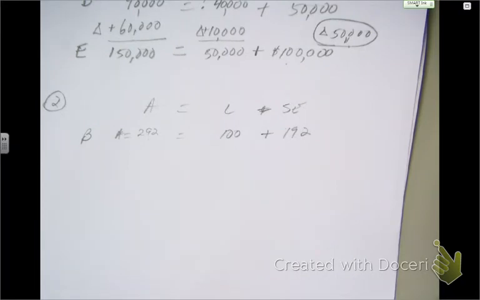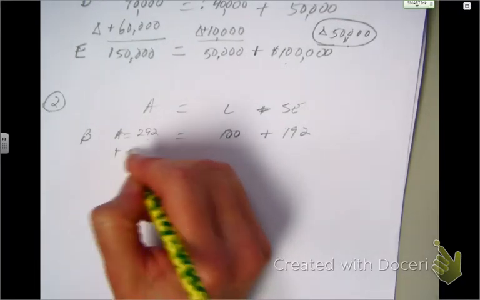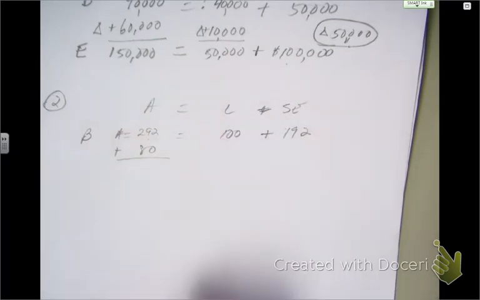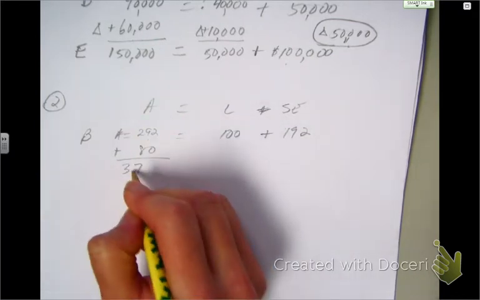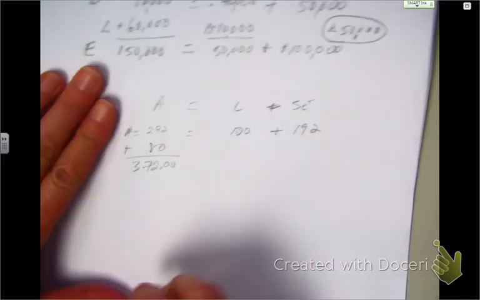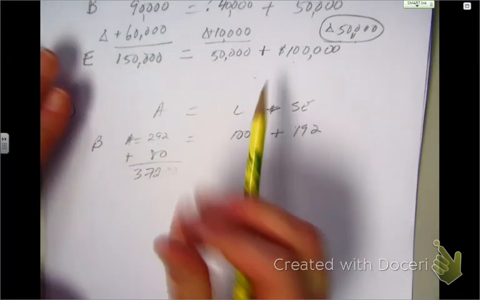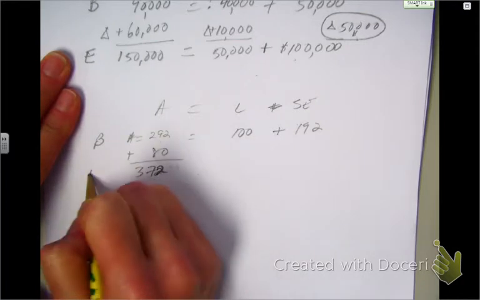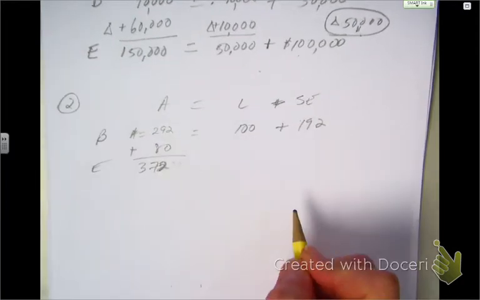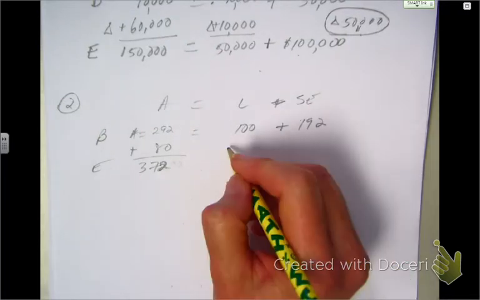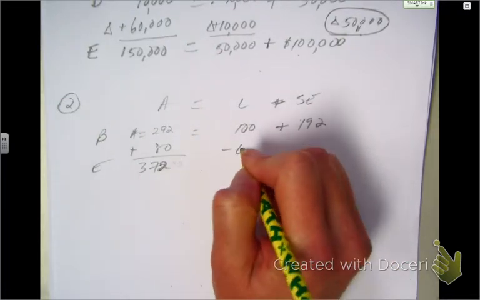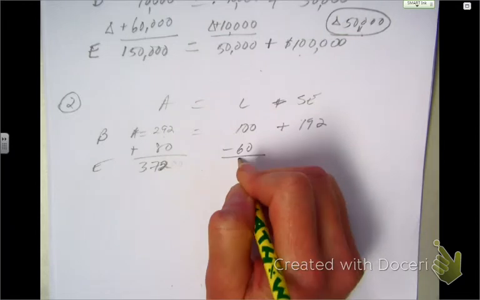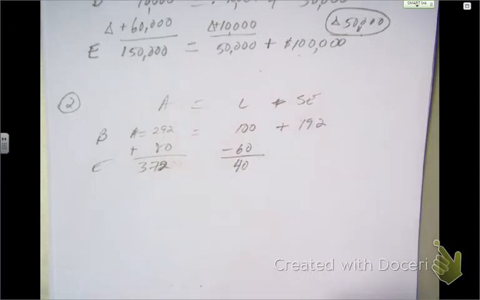If assets increased by $80,000, so by the end of the year, I'm just omitting the zeros, okay, guys, just for simplicity's purposes. At the end of the year, their assets were $372,000. And liabilities decreased in this problem by $60,000. So they were $40,000 at the end of the year.